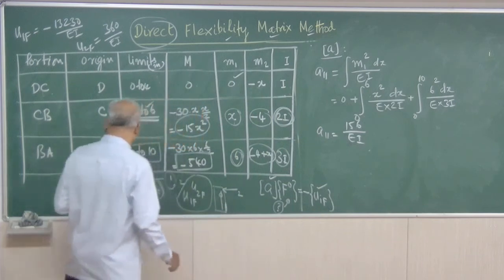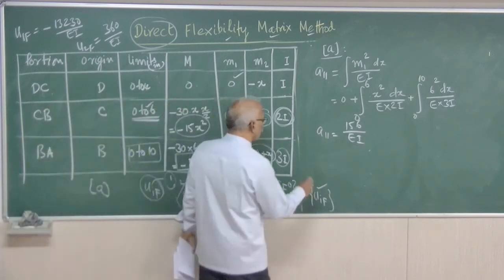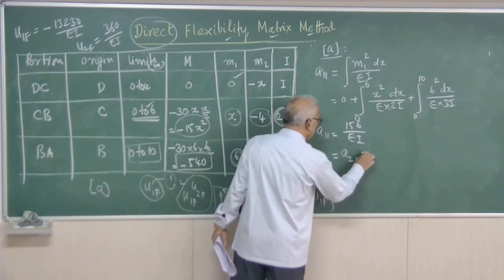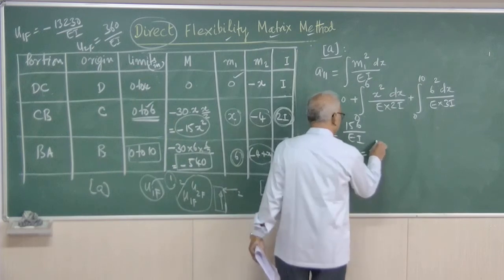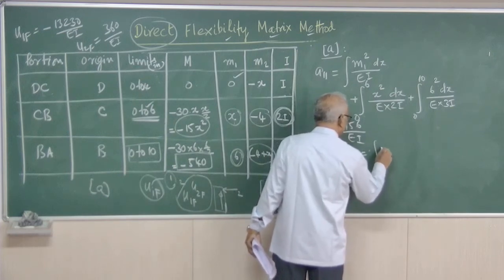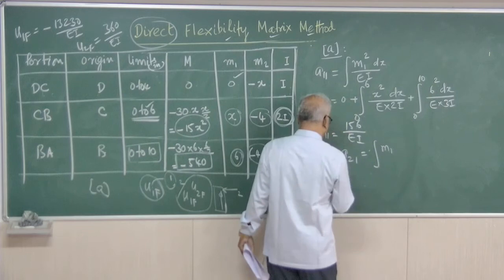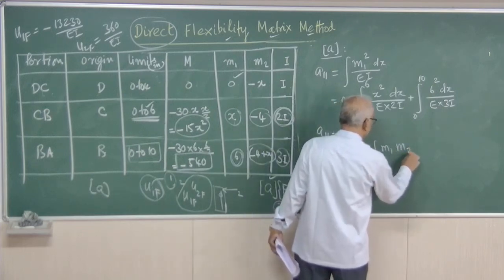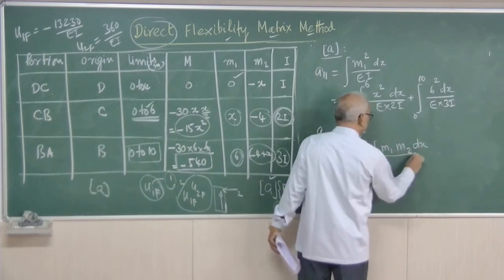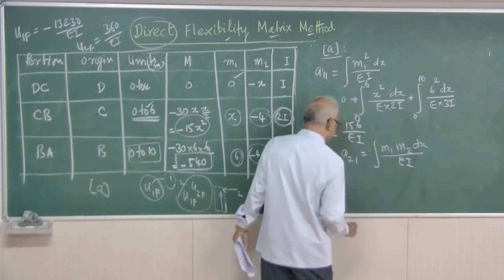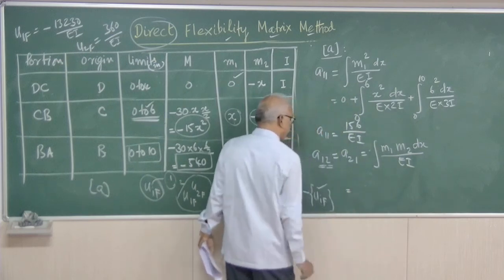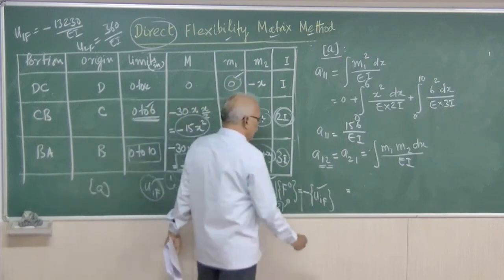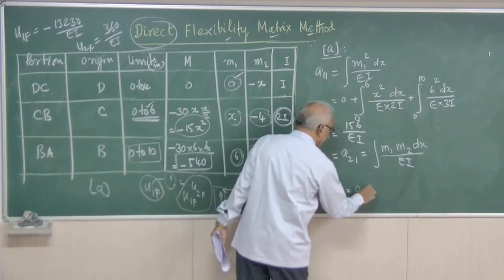Now coming to A12. A12 equal to A21 equal to integral M1, M2 dx by EI. So here, again for the first portion M1 is 0, therefore finally for the first term you are going to get 0.